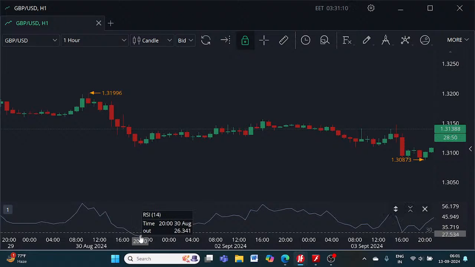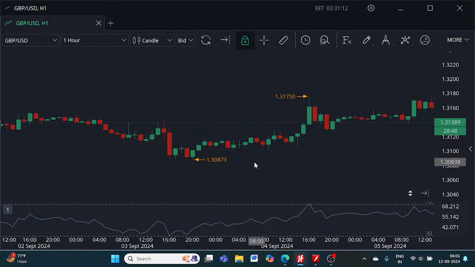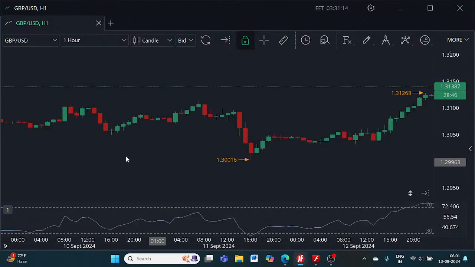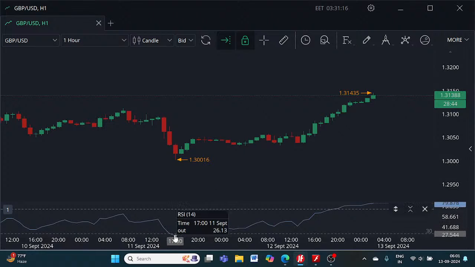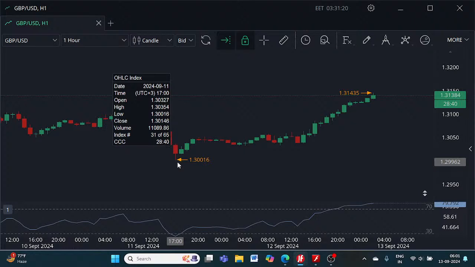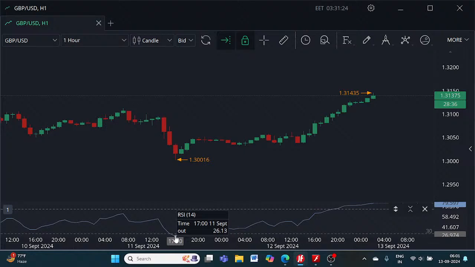Yesterday we had bearish momentum for the RSI here at this drop when it bottomed at 1.3001. The RSI reading was below 50, and at that point in time, if you had a short sell trade, you would have been in quite a profitable situation.